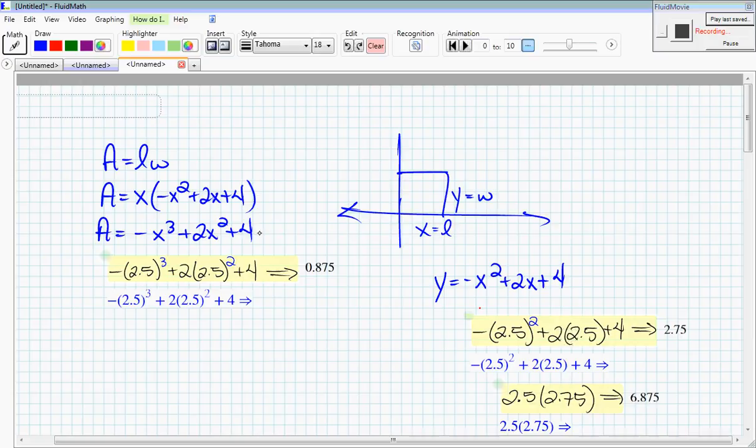Oh, it should be 4x. That makes all the difference in the world, doesn't it? 4x. So we'll get rid of this. Plus 4 times 2.5. There we go. Now this should be equal to 6.875, and it is. And so that's how we would answer question 62, parts A and B.